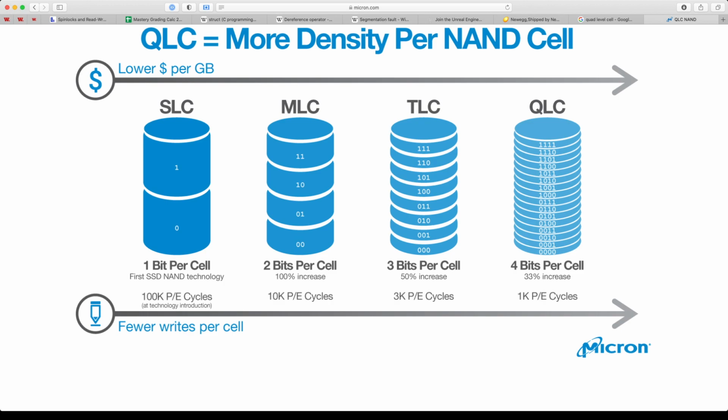Okay, so I don't think you could model this in Logisim, but this tri-state stuff sort of gets at the idea that you can have multiple voltage levels. And how they're able to make QLC work is kind of magic, frankly.